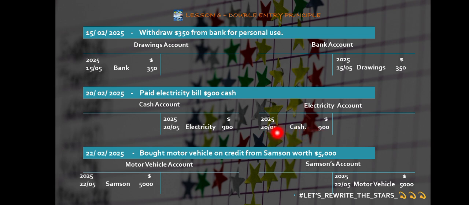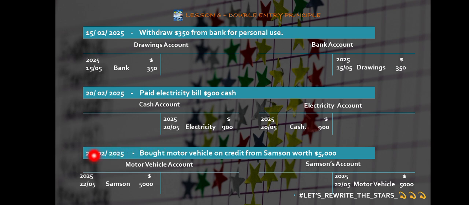So kindly do the correction when you are following closely. So electricity account is debited, and then the cash account, because we are paying with cash, it's a payment. So cash is credited. Right hand side, left hand side. Kindly take notes of what we are doing very closely.